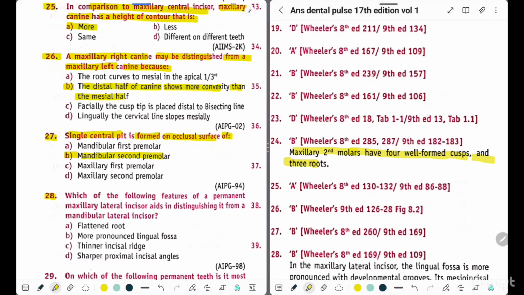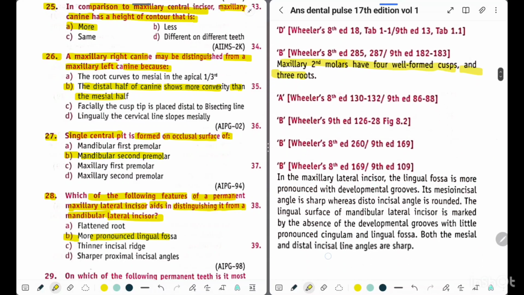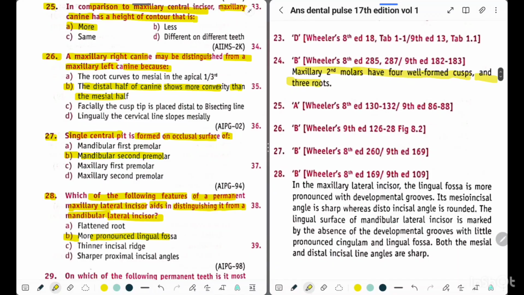Question 28. Which of the following features of a permanent maxillary lateral incisor aids in distinguishing it from a mandibular lateral incisor? Its answer is more pronounced lingual fossa. In the maxillary lateral incisor, the lingual fossa is more pronounced with developmental grooves.